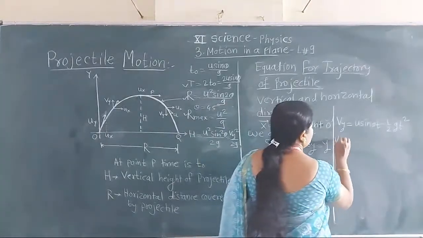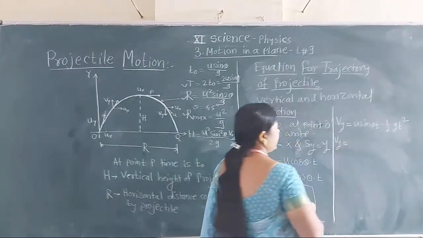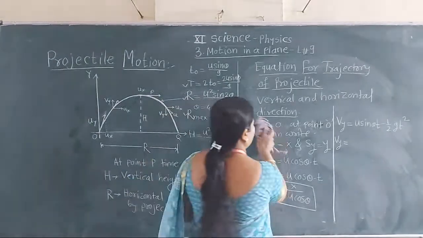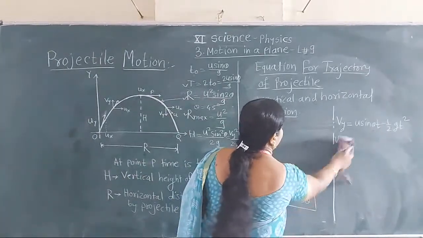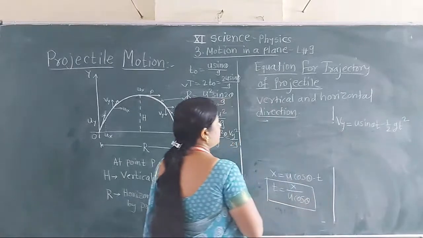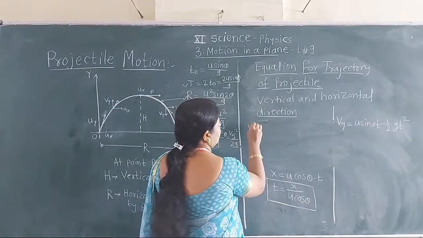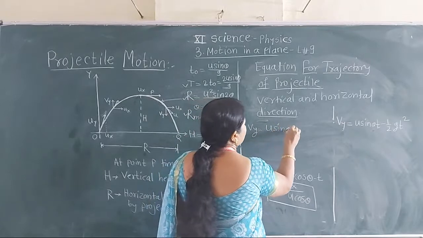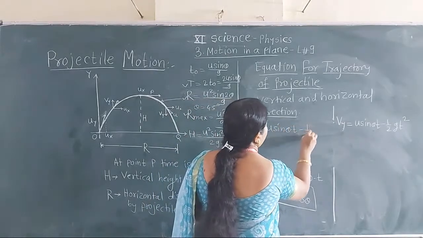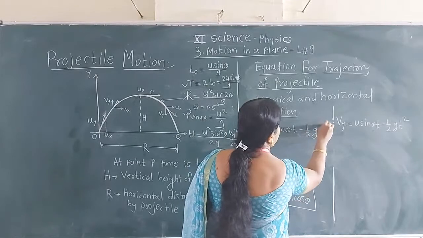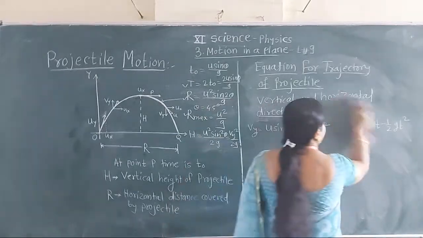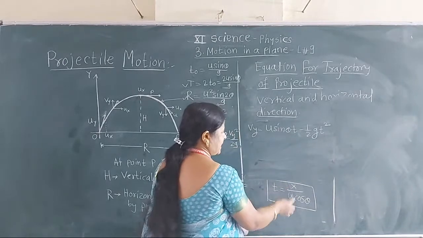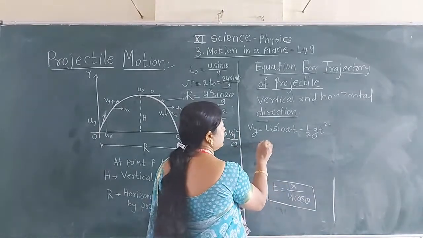Therefore, substituting this value in this equation, Vy is equal to u sin theta into t minus 1/2 gt square. Now substitute t is equal to x divided by u cos theta in this equation.